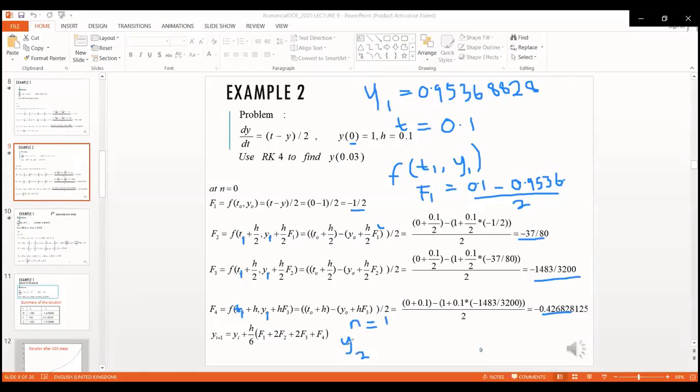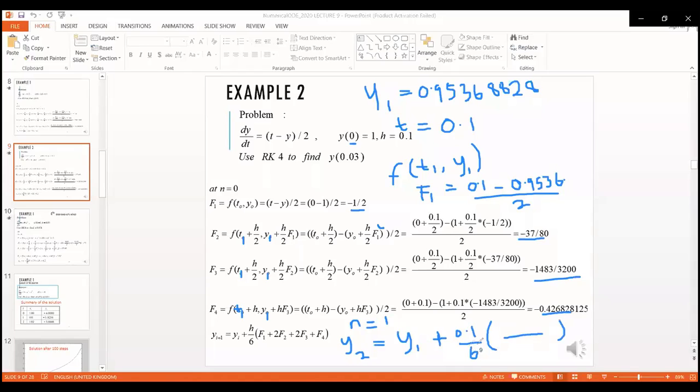So Y2 will be equal to Y1 plus your step size, 0.1. Step size remains constant, over 6. Then into brackets, the new F1, F2, F3, F4 values you calculated, you put them here, add everything and estimate this. That will give you Y2.